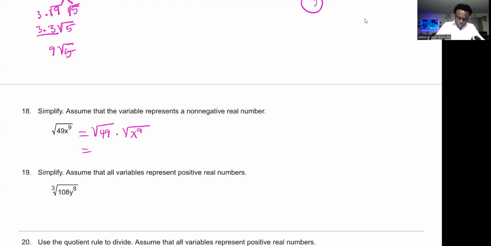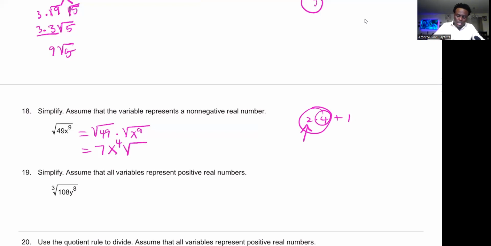This is easy to find, because 2 times 4 is 8 plus 1. So 2 goes into 9 4 times. So that's 7 x to the power 4, the number of times 2 goes into 9.